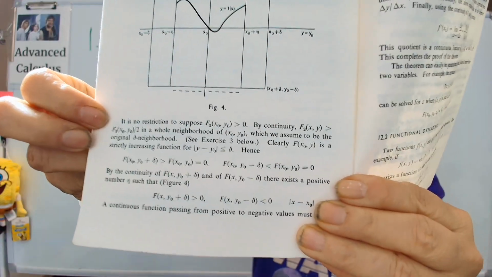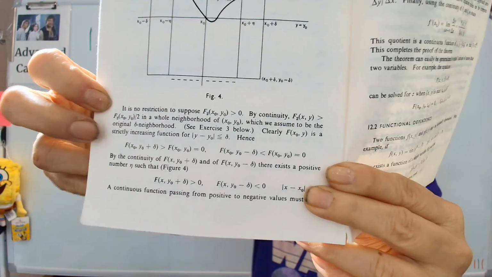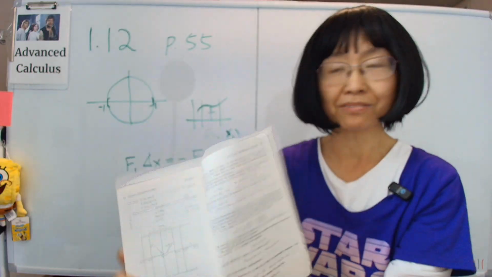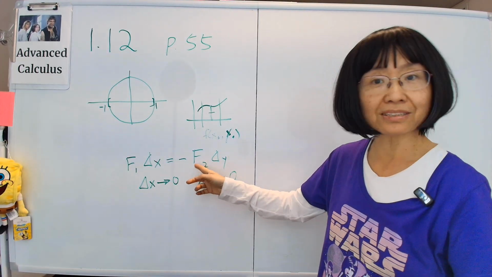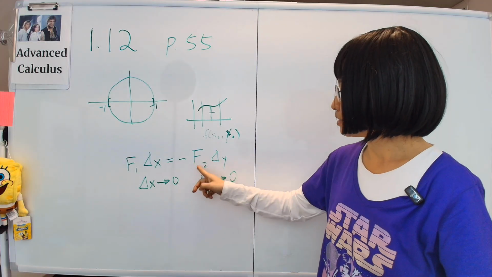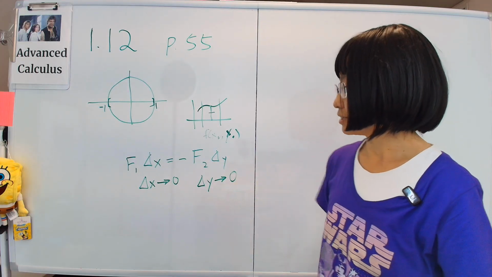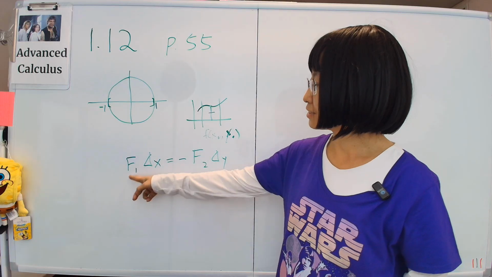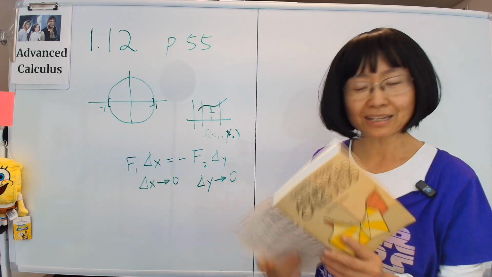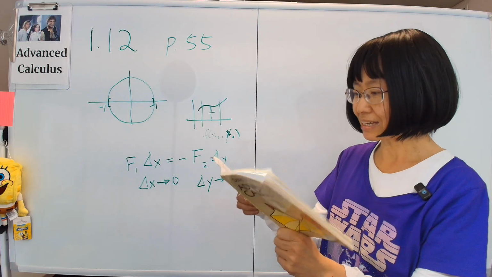It says f2 is always bigger than this number, f2 of x0, y0 over 2, which is positive. So this thing can't even go to 0. It's always positive in what we're talking about. So therefore, delta y will go to 0 because delta x goes to 0, forces this side to disappear, and that doesn't disappear, so delta y will go to 0 as delta x goes to 0.